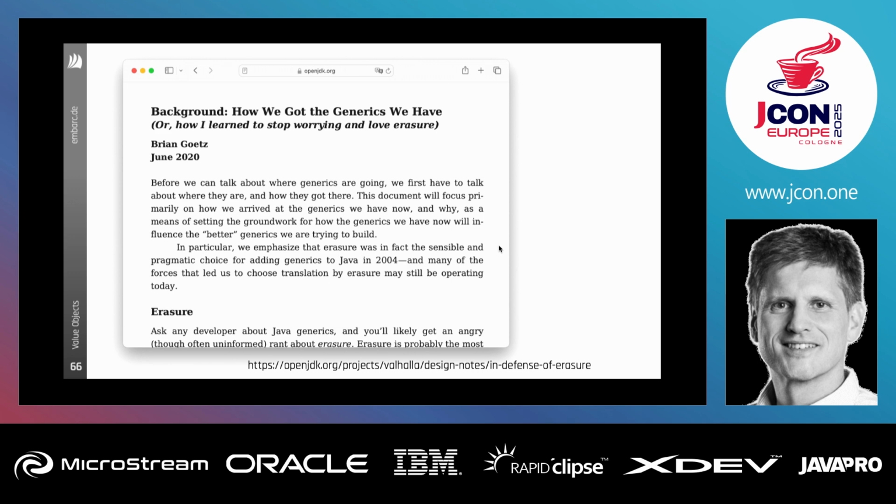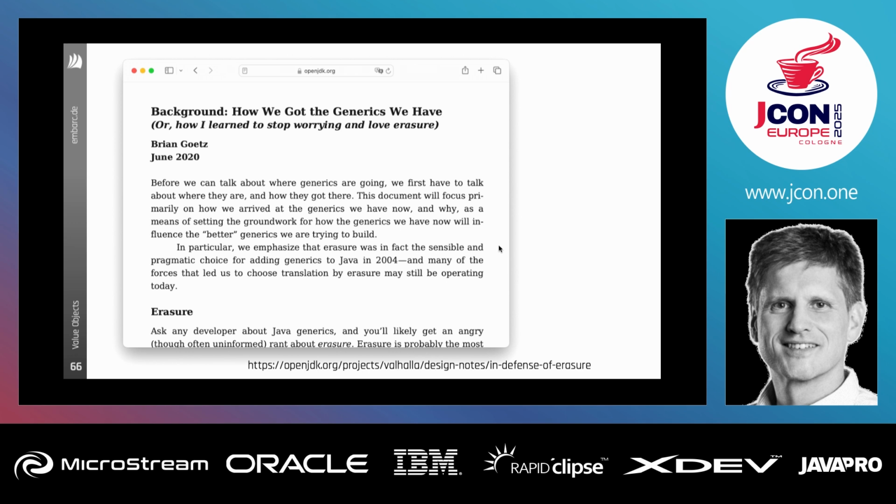Most of us know generics were introduced in Java 5, so it's 20 years ago. I don't know, it's quite a long time. So I think most of you maybe started working with Java later, so you are already fed up with generics.